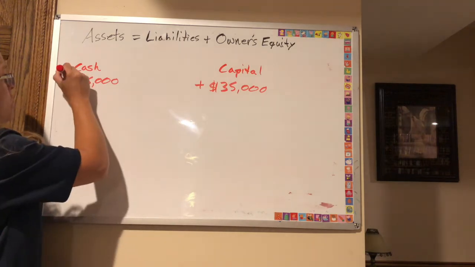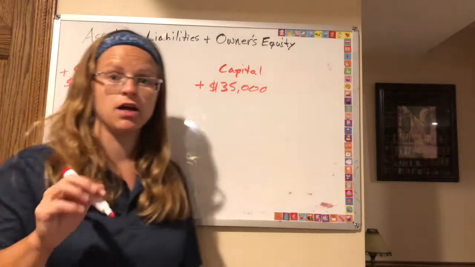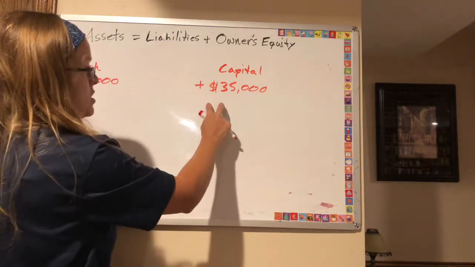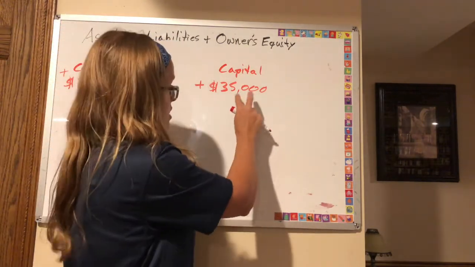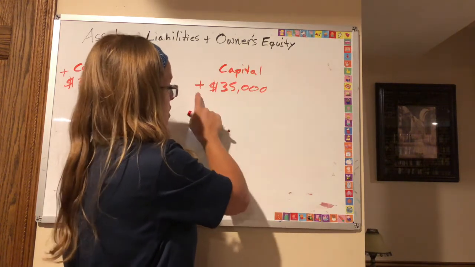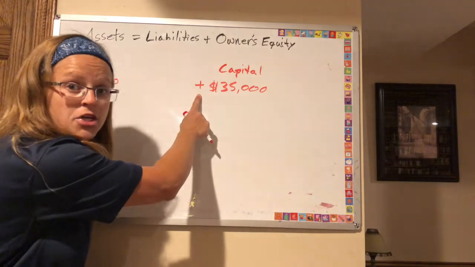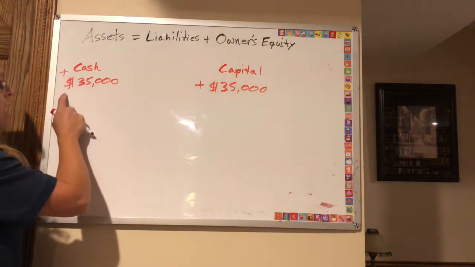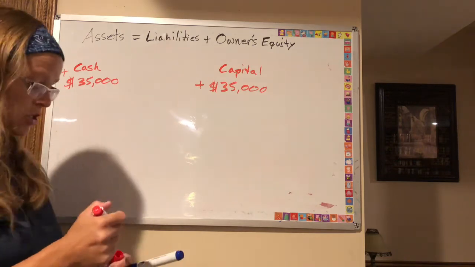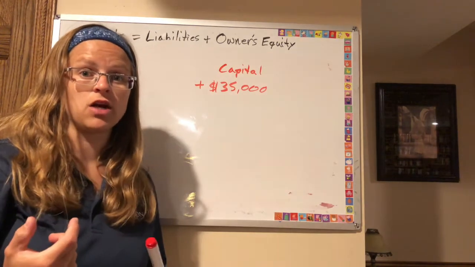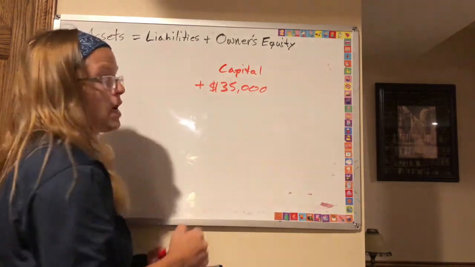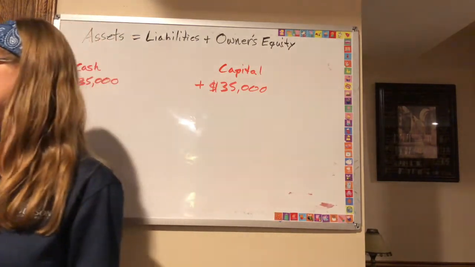So this is a plus because the cash account increased. So these two accounts increased. Ann invested $35,000, so her capital account has increased $35,000. And the cash account for the organization has increased to $35,000. So that's $35,000 invested in the company. The cash account increases and the capital account increases.